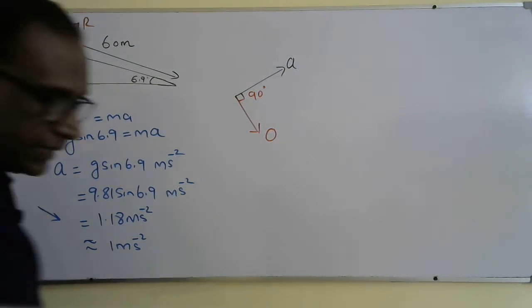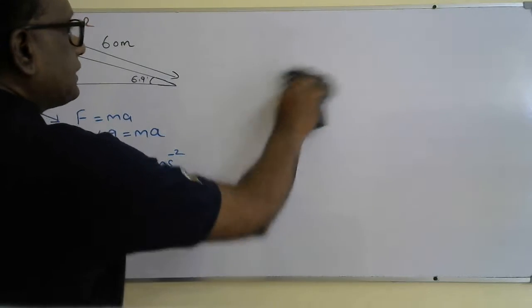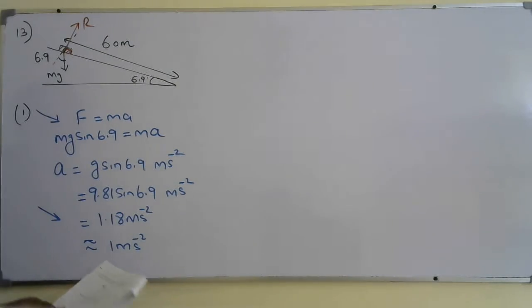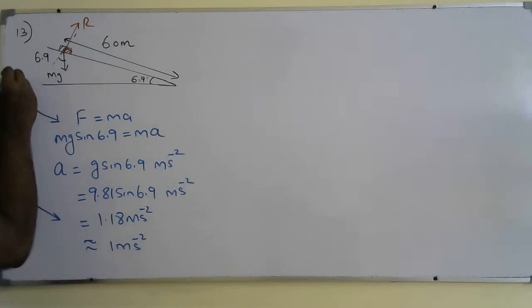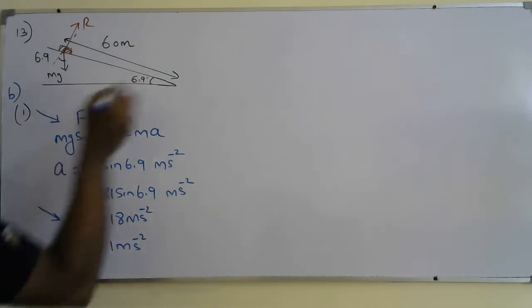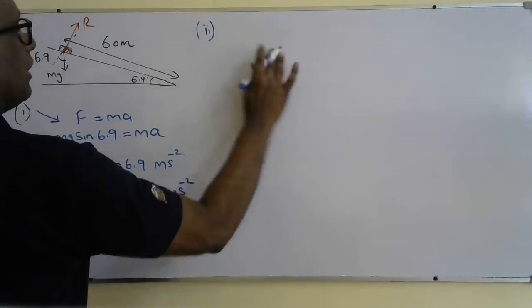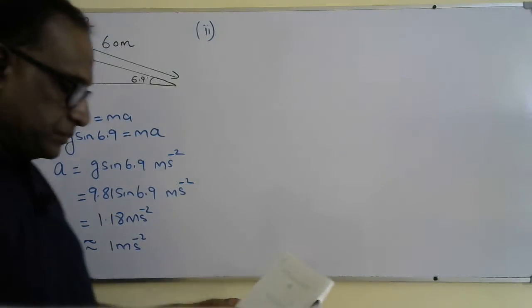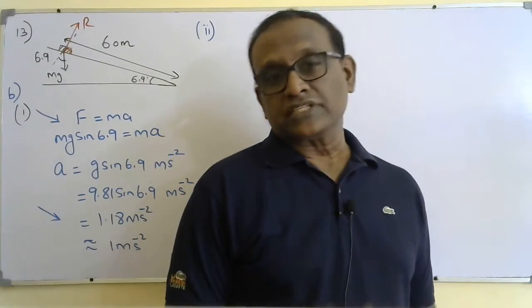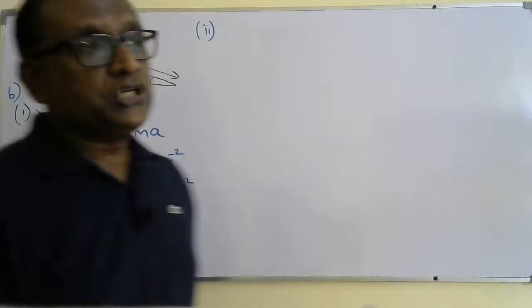Okay, so the question is about the B part, the second part: determine the speed of the sledge at the end of the slope. We can find it in two different ways.